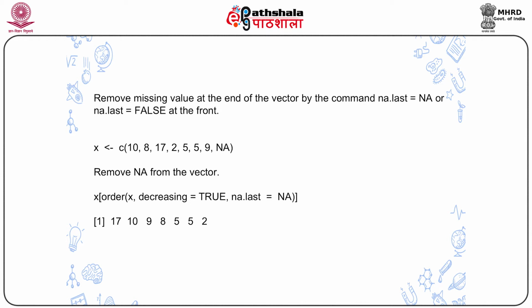Here is our R code, which reads x within third bracket order(x, decreasing = TRUE, na.last = NA), and hence the output will be 17, 10, 9, 8, 5, 5, 2, since 5 is duplicated here, and these are arranged in a decreasing order.